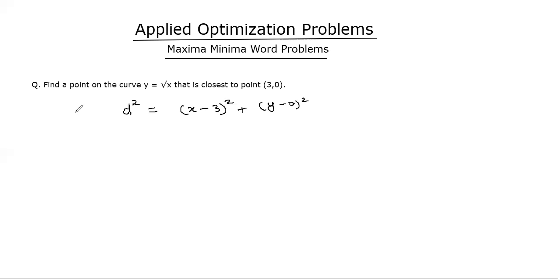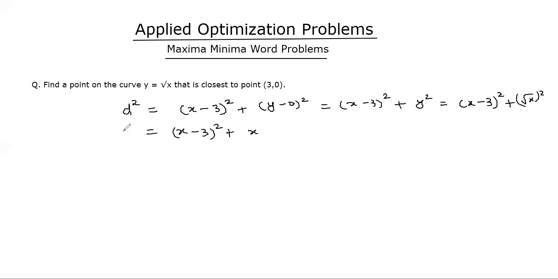We can assume it is a function, but first let's expand it. It becomes (x minus 3) squared plus y squared, but y is root x on this curve, so it becomes (x minus 3) squared plus the square of root x, which finally becomes (x minus 3) squared plus x.